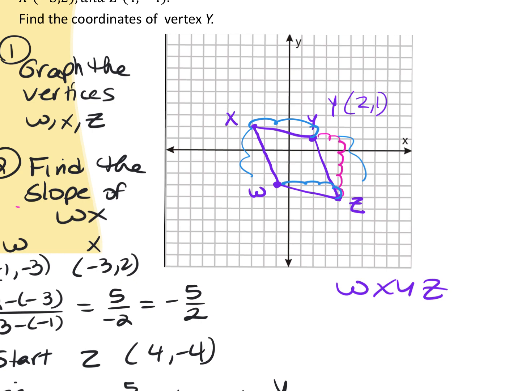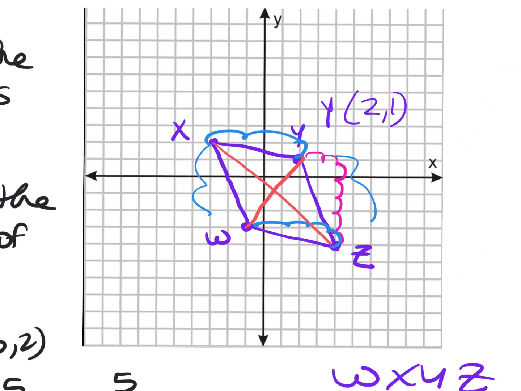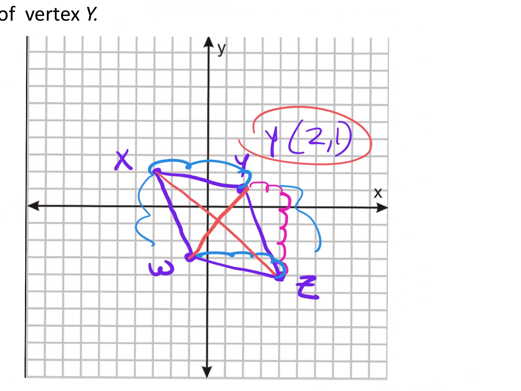Now, in the homework, they're going to ask you to find the intersection of the diagonals. So if I draw in diagonals, they want us to find the point of intersection. And really, all you need to do is find the midpoint of one of the diagonals. And that'll give you the point of intersection. So if you were uncertain about your Y order pair, then I would have done diagonal XZ.